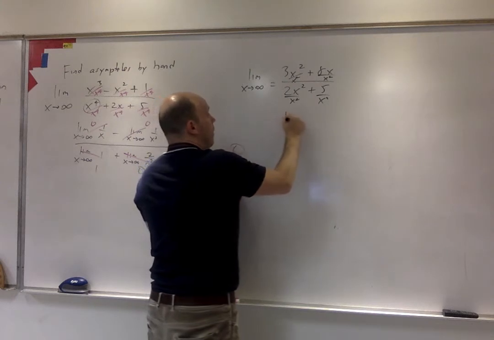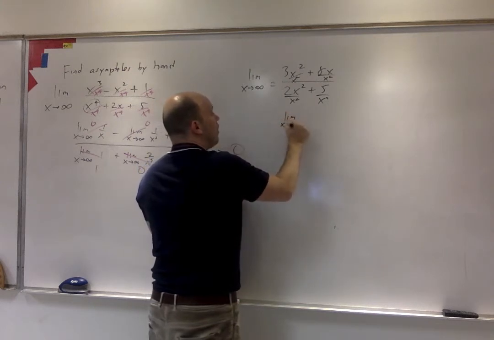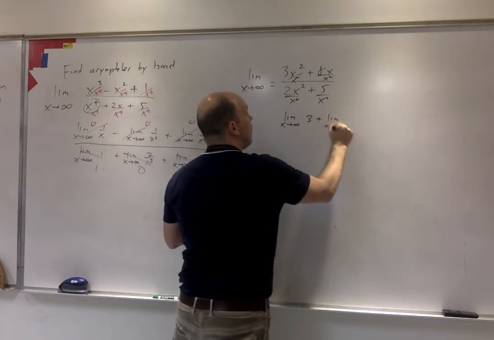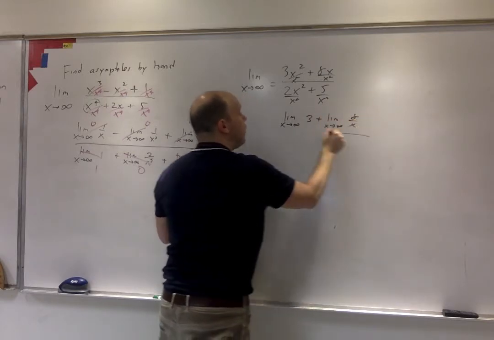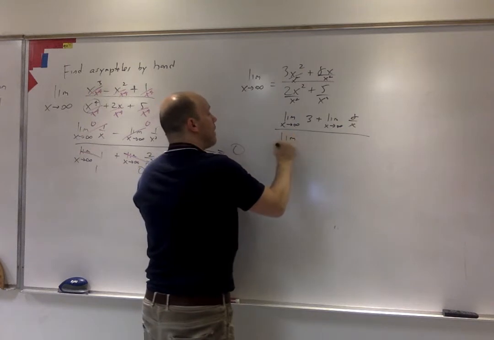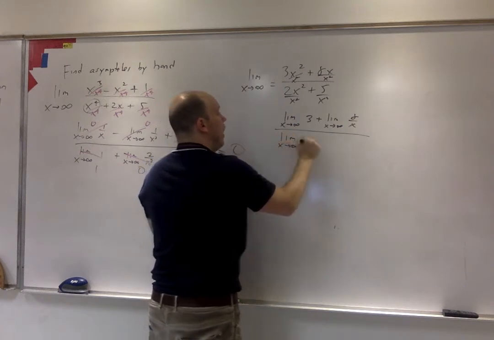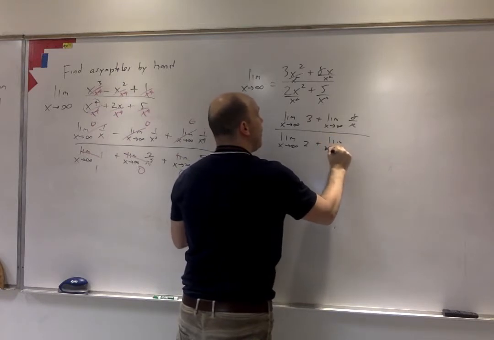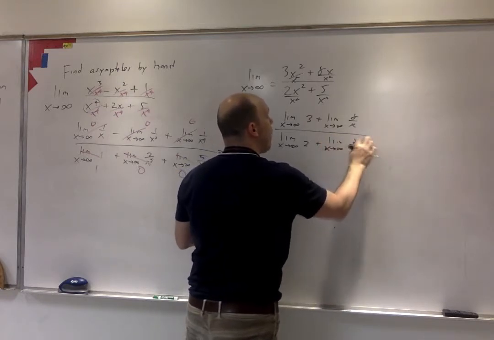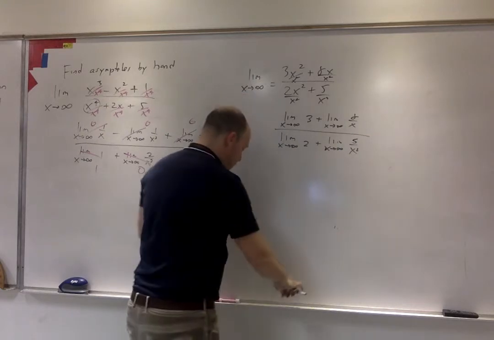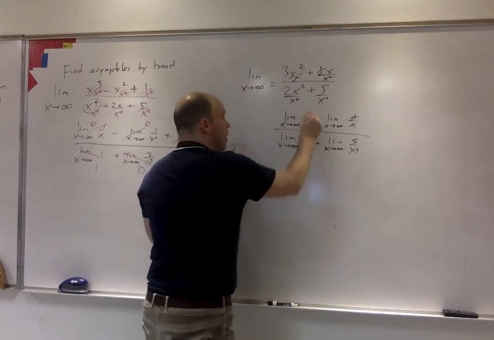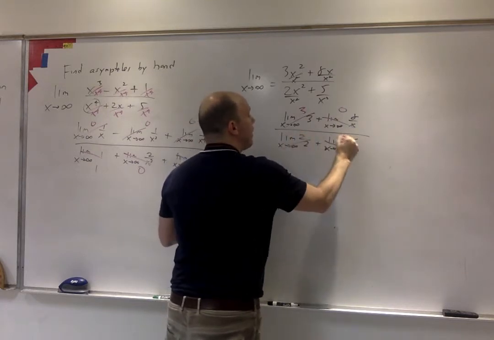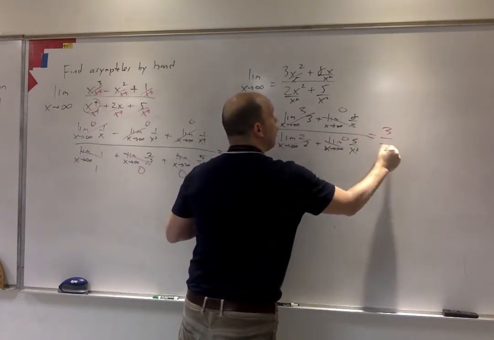It's the limit as x goes to infinity of 3 plus the limit as x goes to infinity of 8 over x, divided by the limit as x goes to infinity of 2 plus the limit as x goes to infinity of 5 over x squared. Sorry, I'm sloppy. This is 3, that's 0. This is 2, that's 0. The limit is 3 over 2.